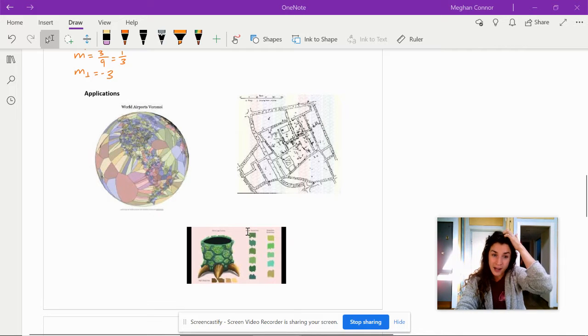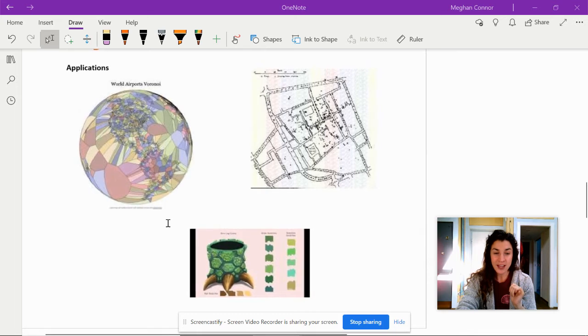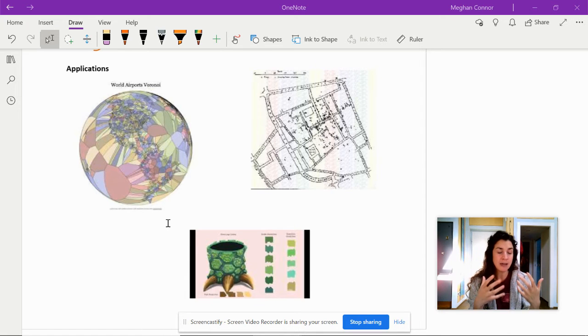So I've got a couple pictures here on your notes, which are just a small sampling of the examples of Voronoi diagrams and their uses. If we're talking about areas that we are calculating where you have one thing that the whole area is closest to, you can talk about that with a lot of things.